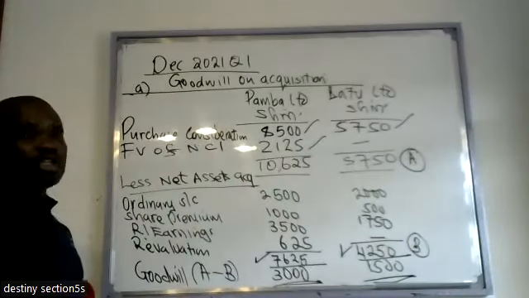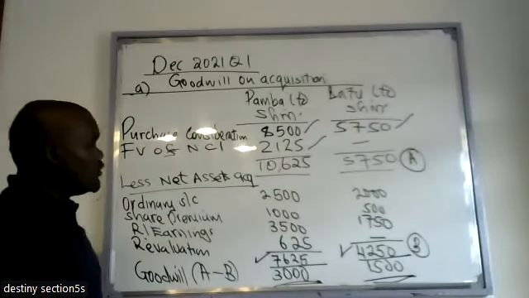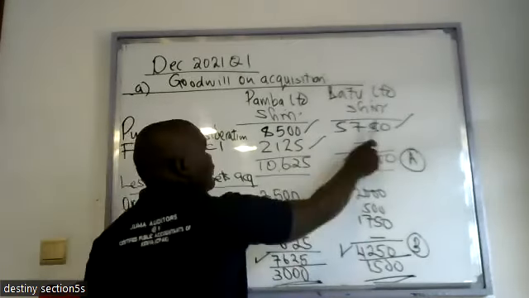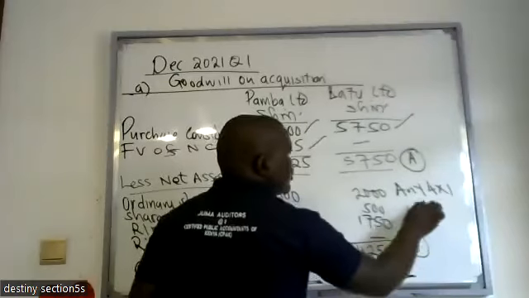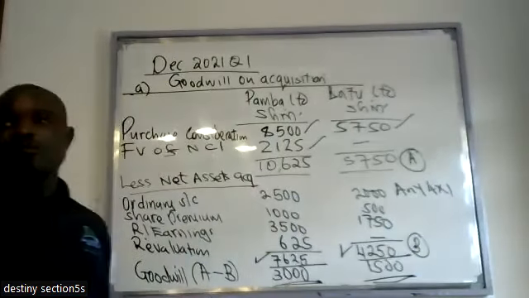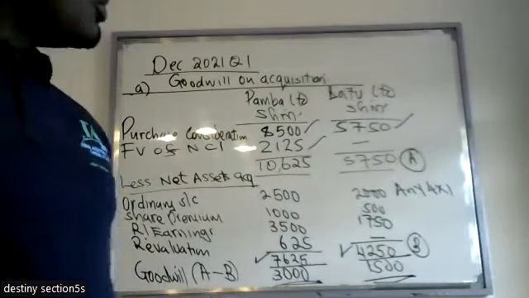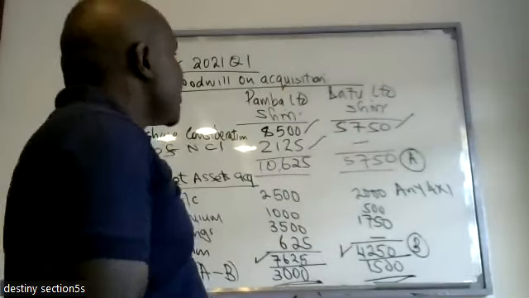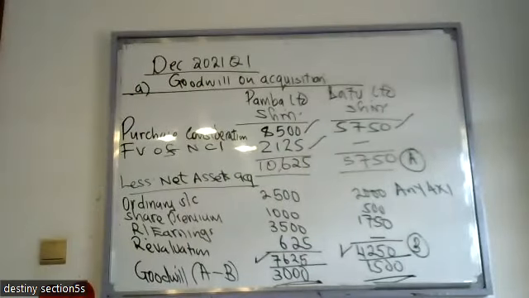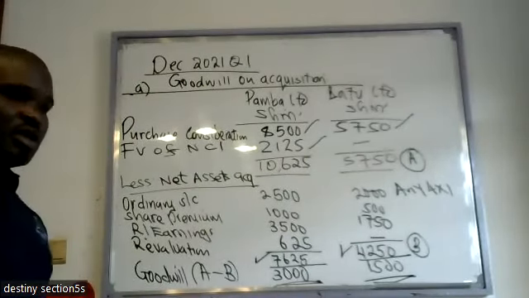And goodwill has no tick there. So 1, 2, 3, 4, 5. Any four correct entries will give you the whole marks. If you get 1, it is 1. Those which you can see are marked there. That is how that question should be marked.